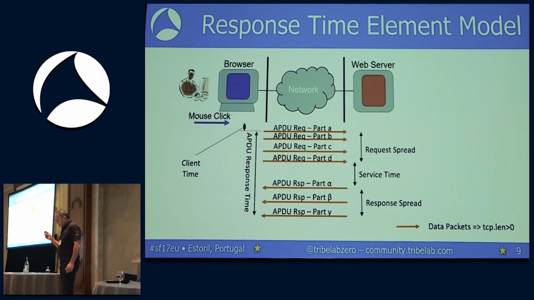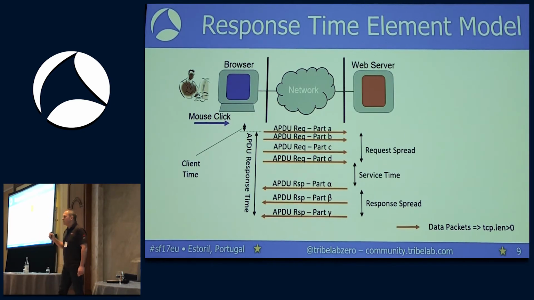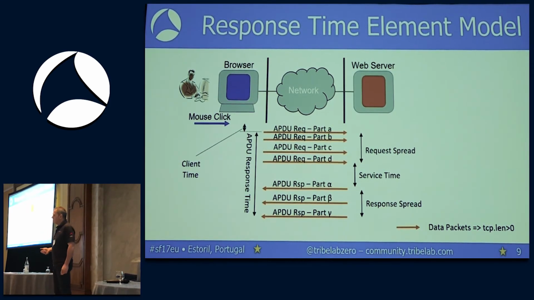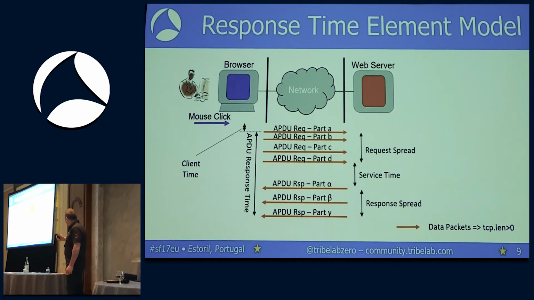So you can see that just using this simple model, if I can view these figures, I can very quickly determine first, do I have a problem? If I have a high APDU response time, then there's some sort of issue, whatever it might be. Then if I've got a high service time, I know the problem is in the web server. And if I have a high spread time, I know the problem is in the network.